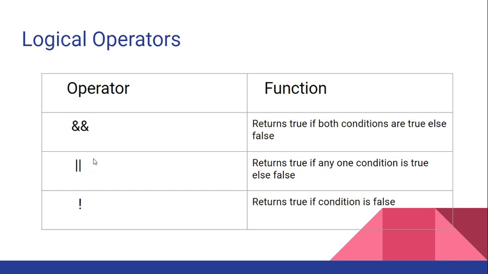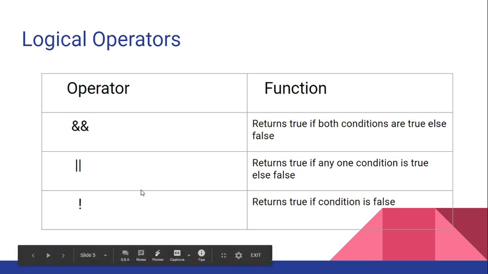So if A is greater than B or B is greater than C, then it's going to print true, because at least one condition should be true over here. If both are false, like if they are equal, then it's going to return false. Okay, that is the logical OR operator.